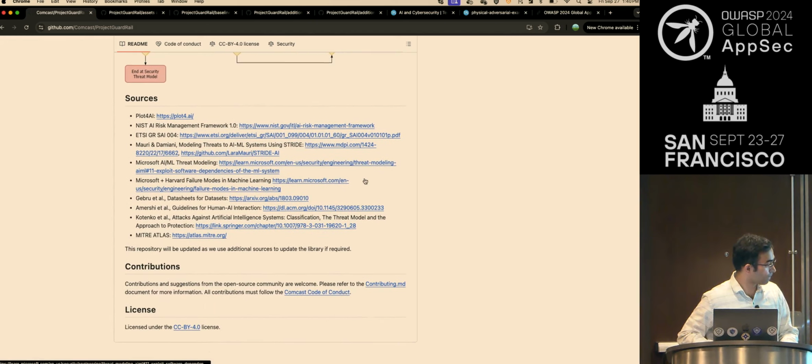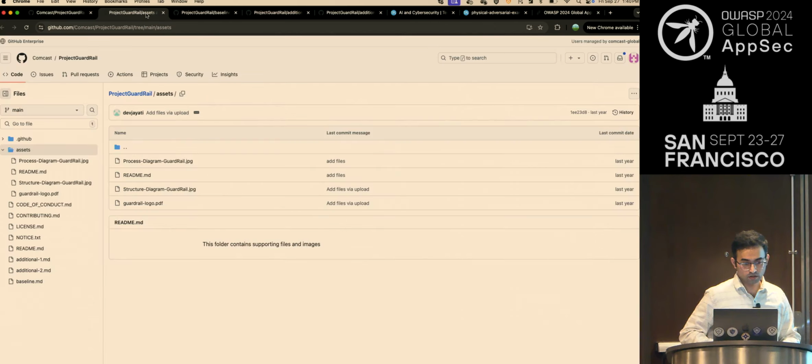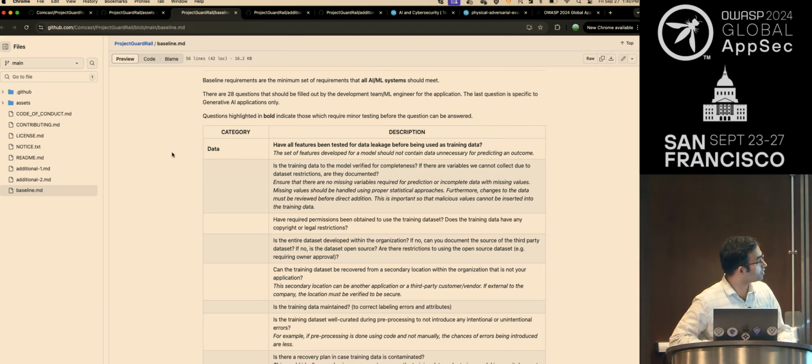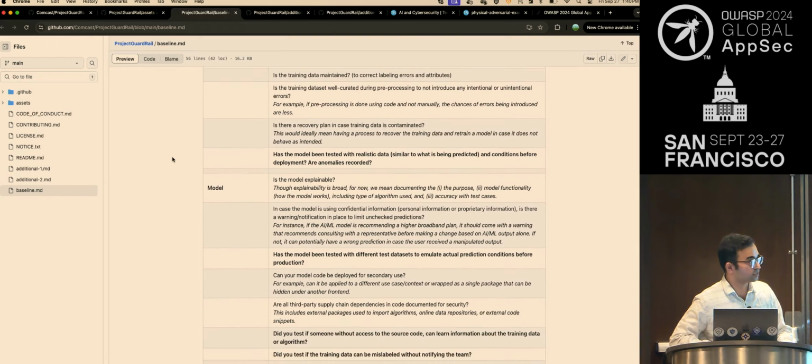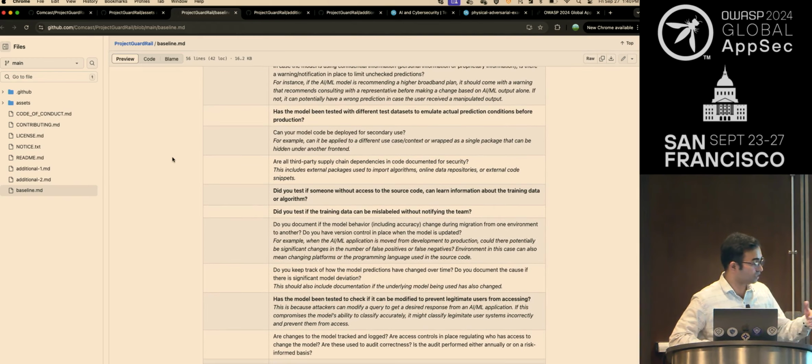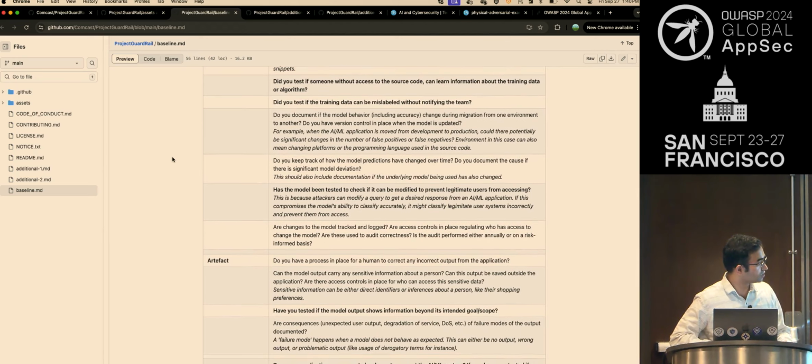And if you want to dive deep, under the Project Guardrail folder here, we have a list of the baseline questions that can be used for any AI application that has to undergo security analysis.